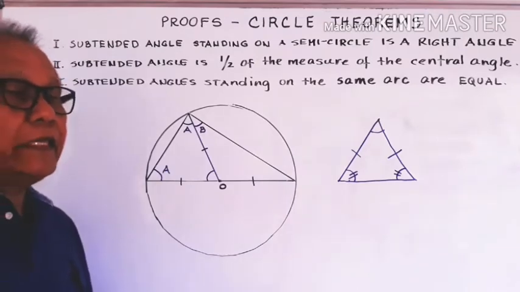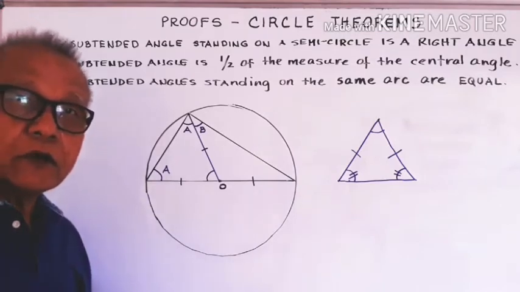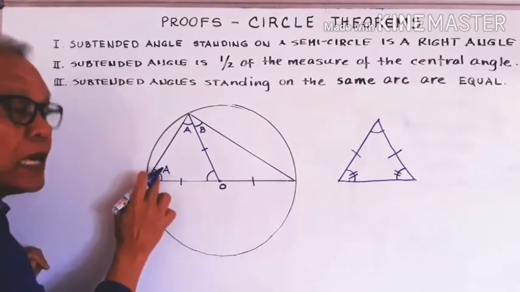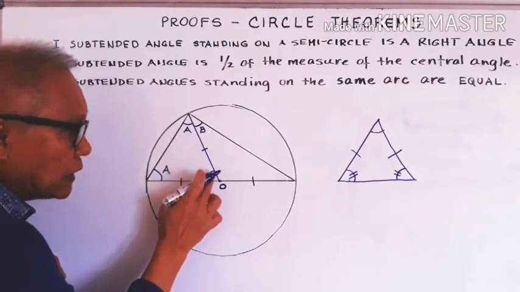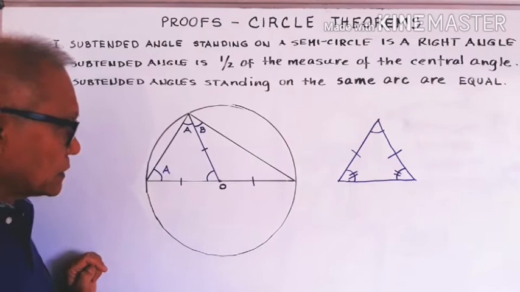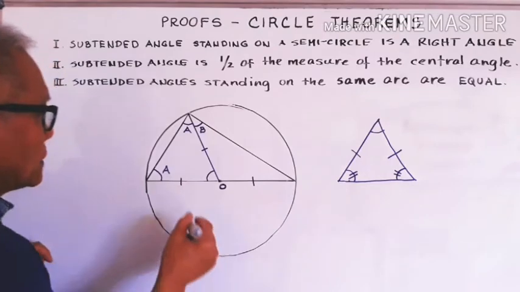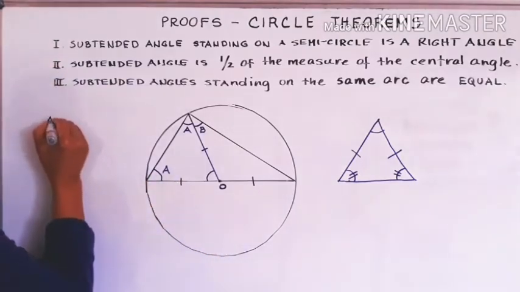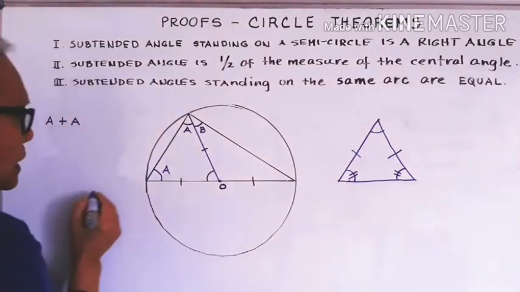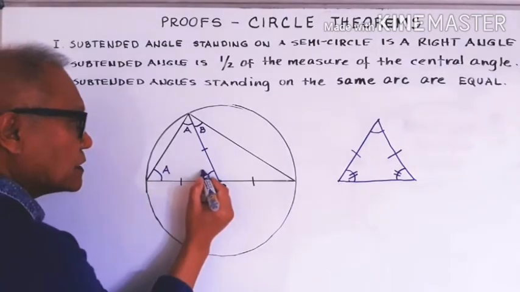How do you find this one? In any triangle, class, the sum of the interior angles is always equal to 180 degrees. So we have A plus A here plus that angle there. Let us say that this angle is angle C, for example.